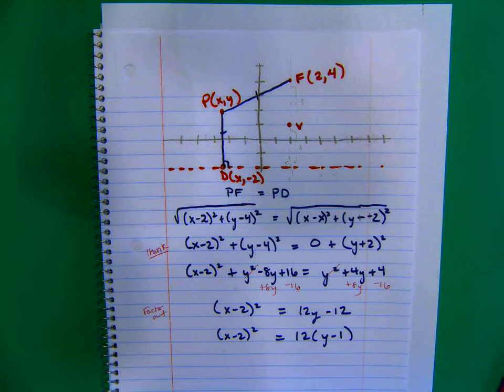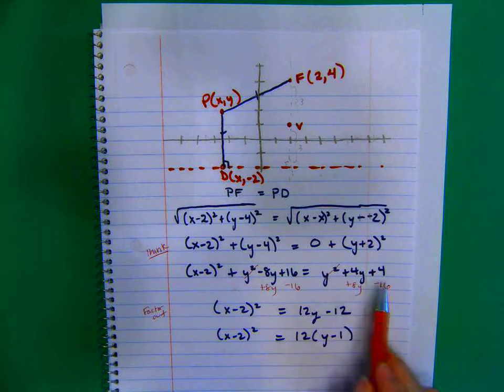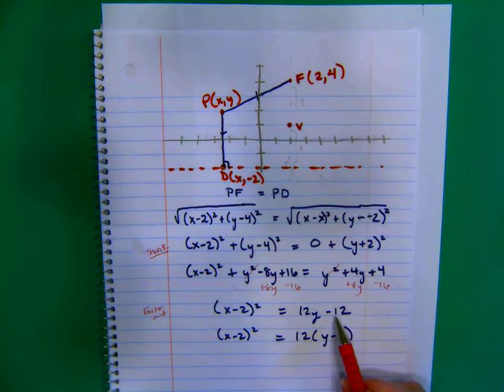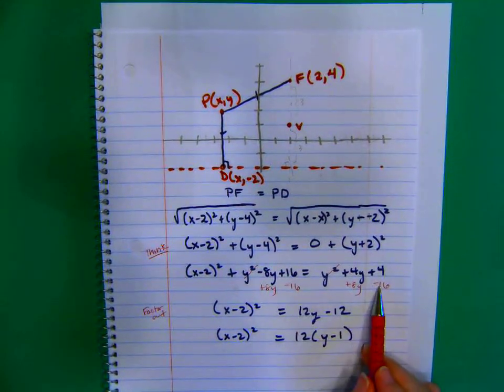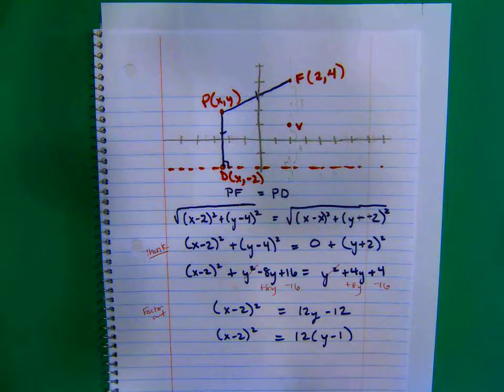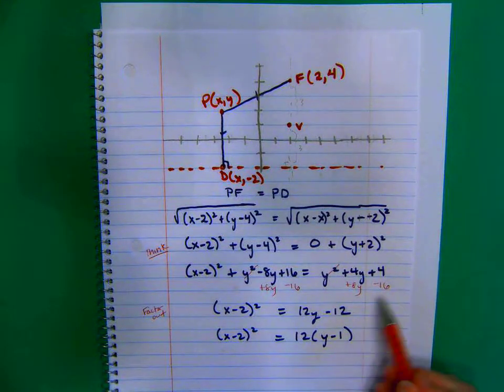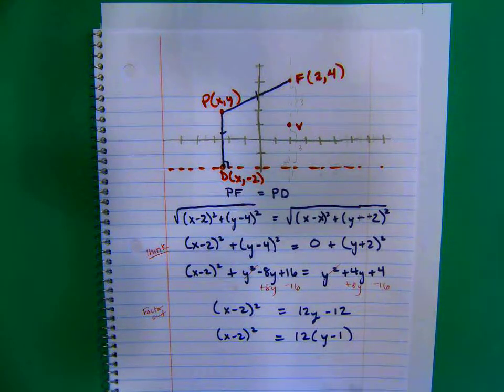Maybe the vertex is a fraction, or maybe you have made a math mistake somewhere in here. I made a math mistake earlier today and I accidentally added 16, and guess what? That didn't factor out well, and it made me stop and think, and I realized I made a math mistake. So it's possible for a vertex to be on a fractional spot, but it's also very possible they made a math error. So if they get something that's difficult to factor out, think about, did they make any mistakes?